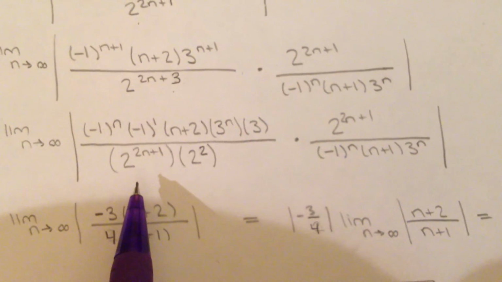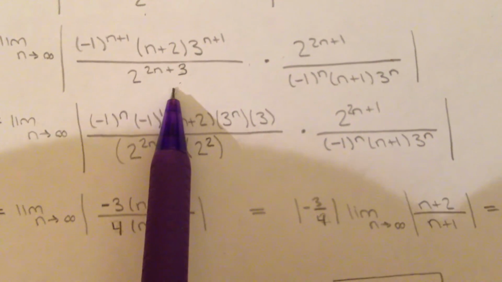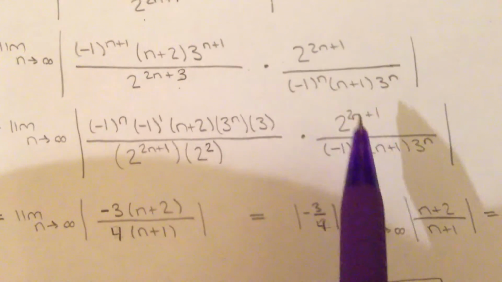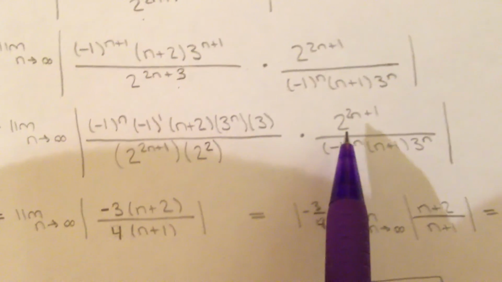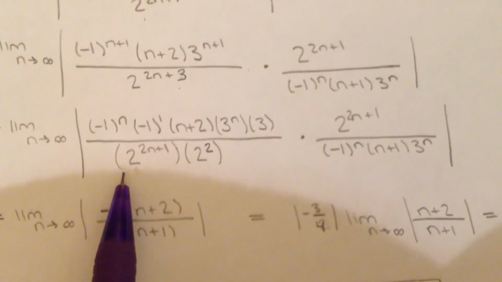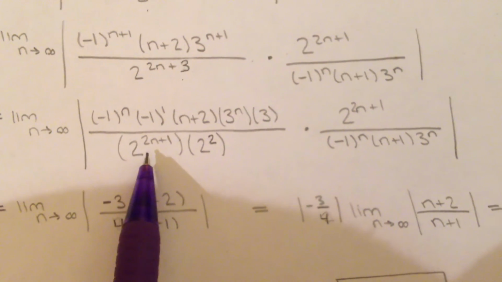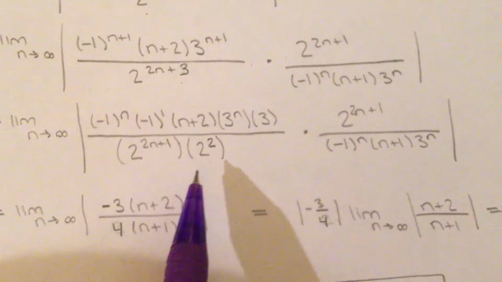And then for the 2^(2n plus 3), I recognize that in the initial equation we have 2^(2n plus 1). So I divided the 2^(2n plus 3) into 2^(2n plus 1) times 2 squared.